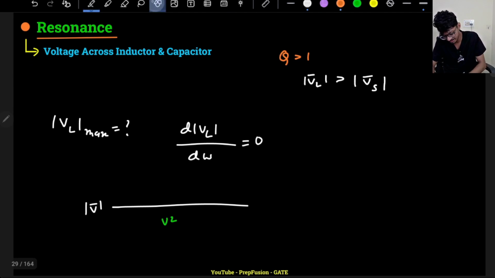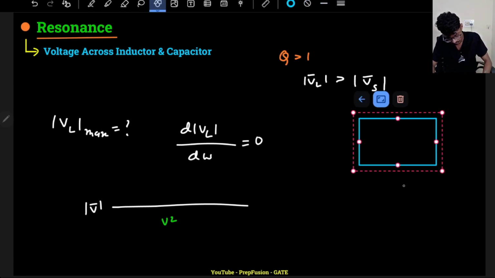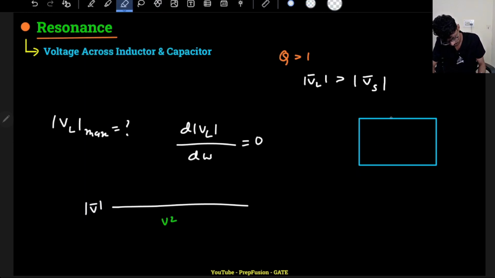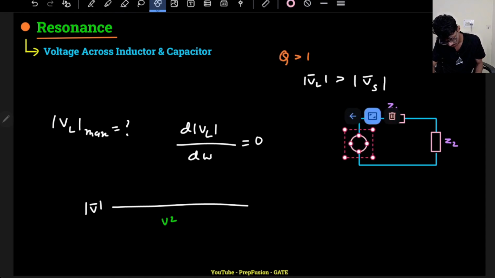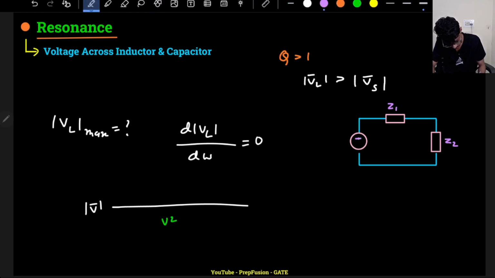Let's say I have a DC circuit here with Z1 and Z2, and this is a DC source, plus minus.